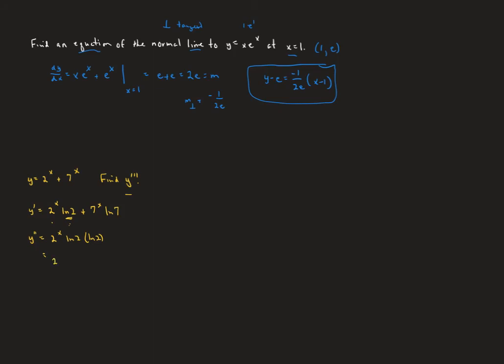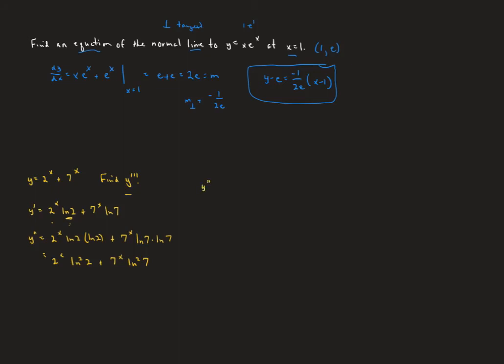So that's going to be 2 to the x, and we can write natural log of 2 squared as putting the square over the n, kind of like we do with sine and cosine. Continuing, we get the derivative of 7 to the x is 7 to the x natural log 7 times that constant natural log 7 is going to make this 7 to the x times the natural log squared of 7.